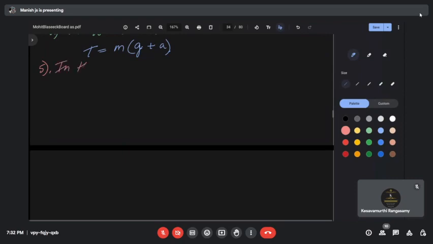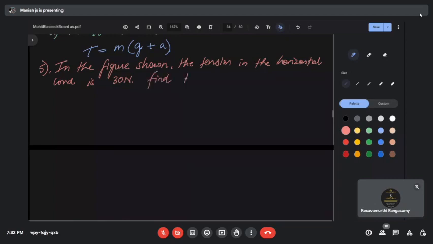Okay. In the figure, next question. In the figure shown, the tension in the horizontal cord is 30 newtons.